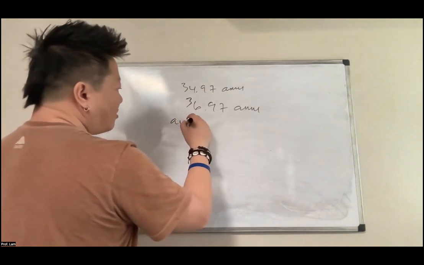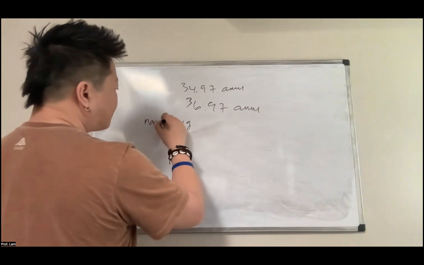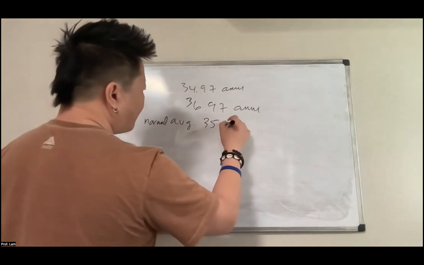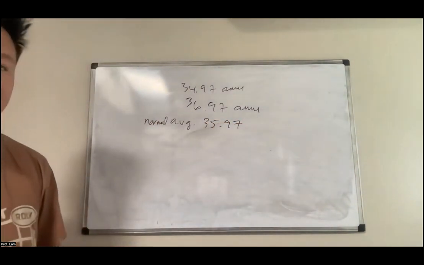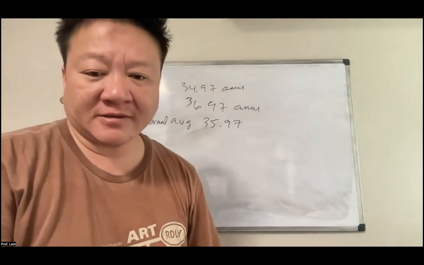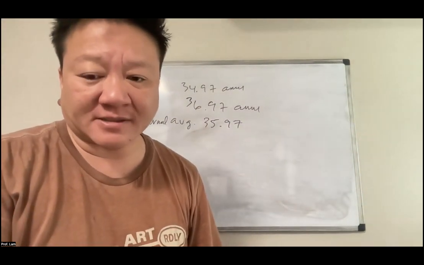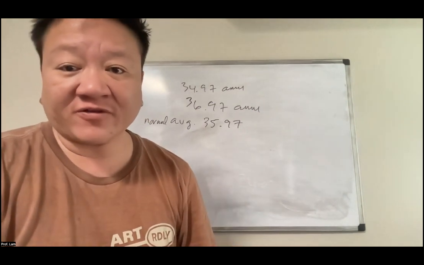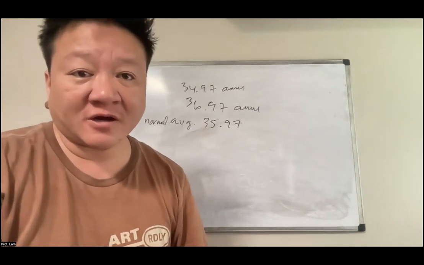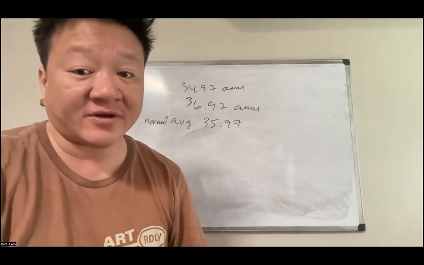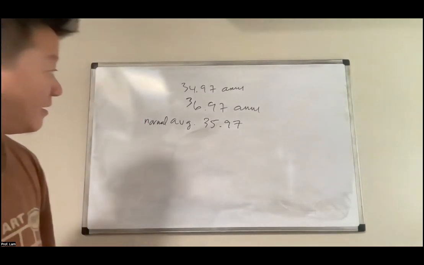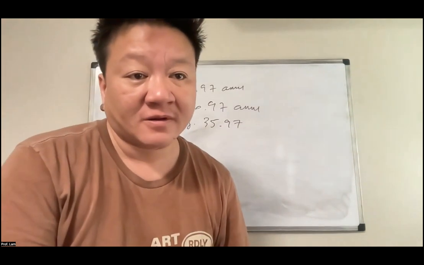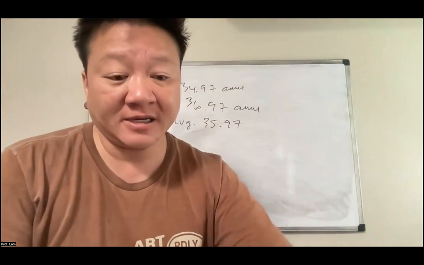But doing a normal average wouldn't make sense, because it doesn't reflect the abundance.